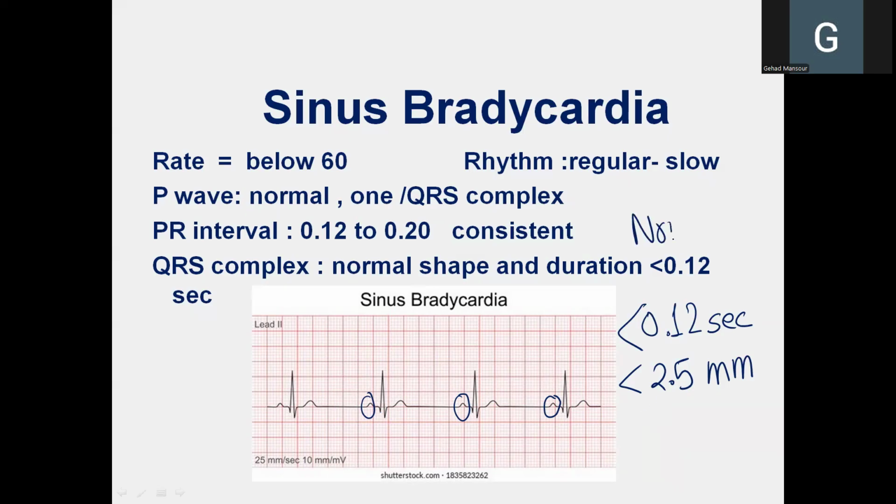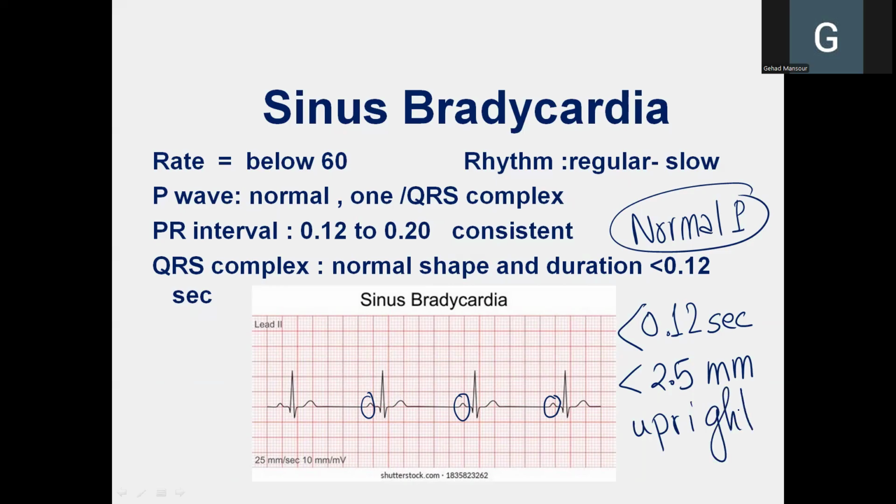I'm now listing the characteristics of a normal P wave. The normal P wave is also an upright P wave. So this is important. Here all the waves are upright. Their duration is less than 0.12 seconds, which means less than 3 small squares, and their height is less than 2.5 millimeters, and they're all upright.